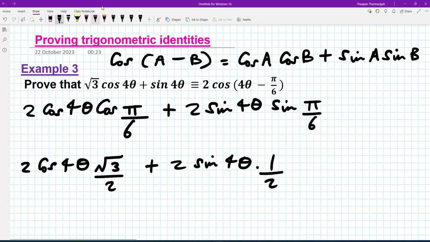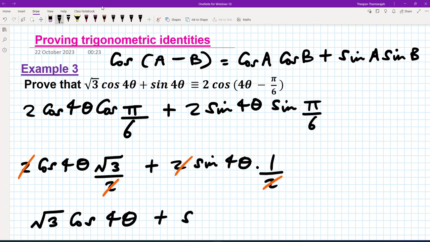Now the 2's cancel out here, so I'm going to cancel them out, and we end up with root 3 cos 4 theta plus sine 4 theta.